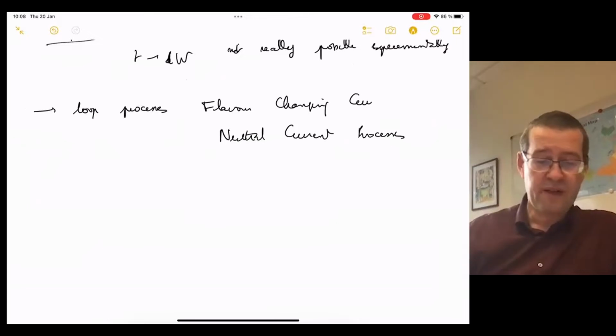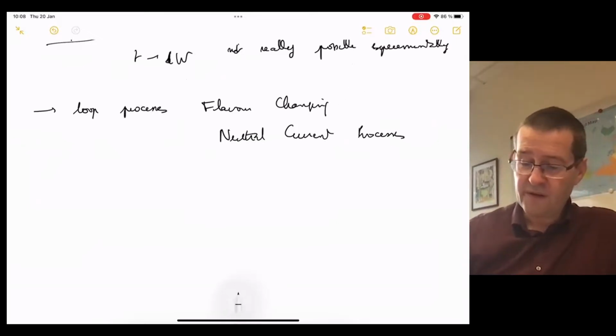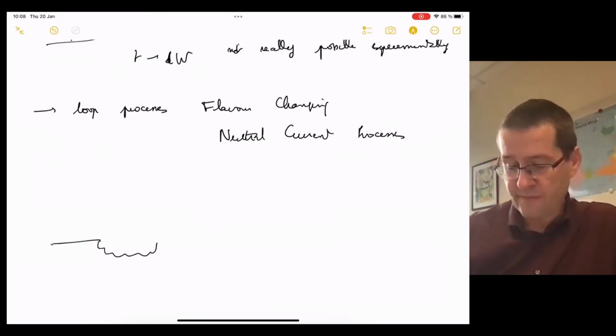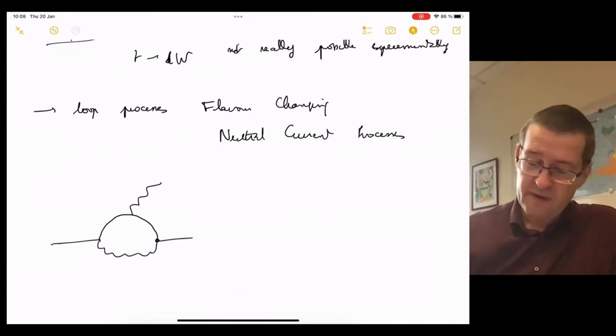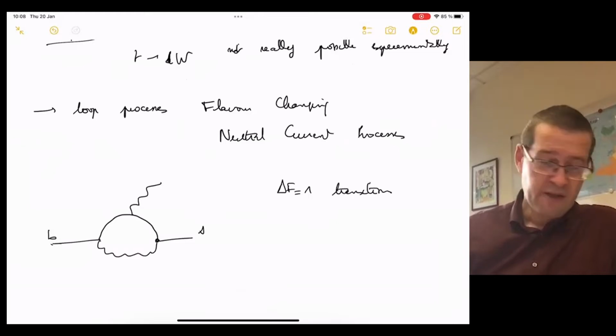And actually, we already had this discussion when we considered this kind of diagram. I forgot to mention that these are typically delta F equals 1 transitions.